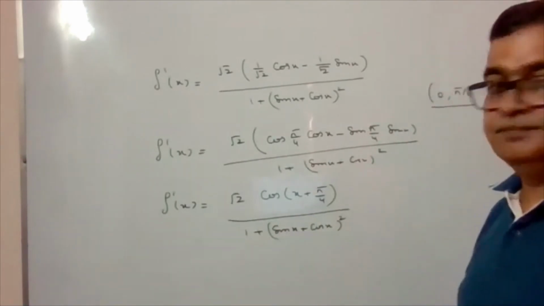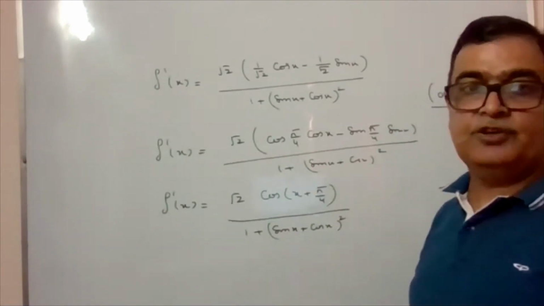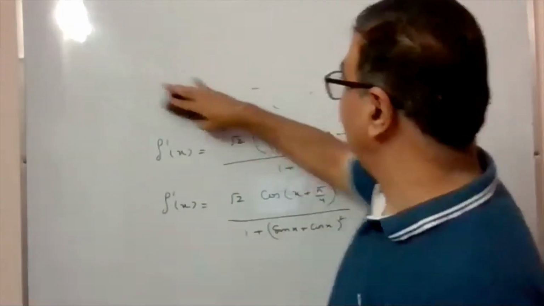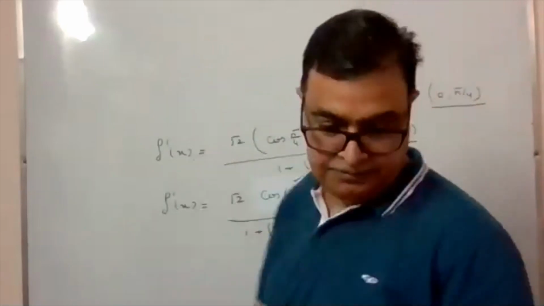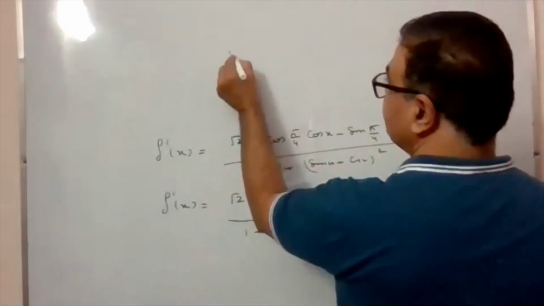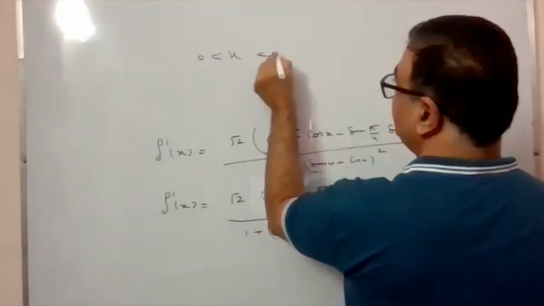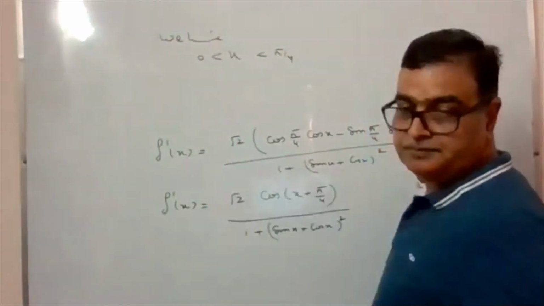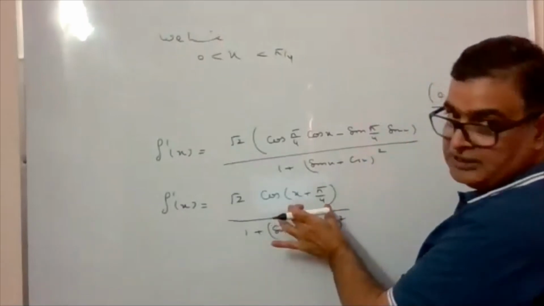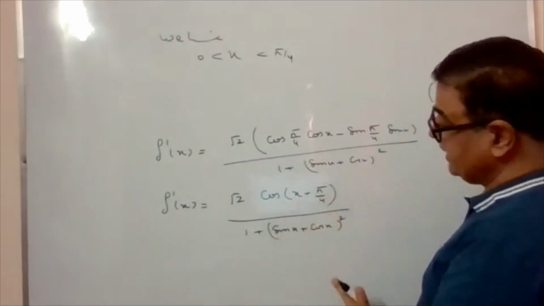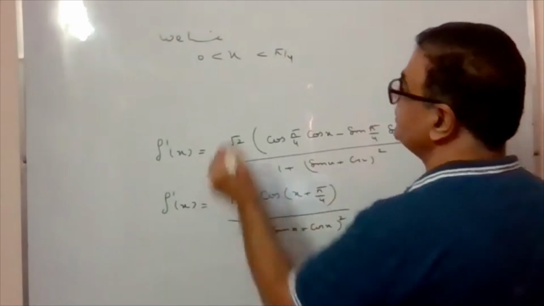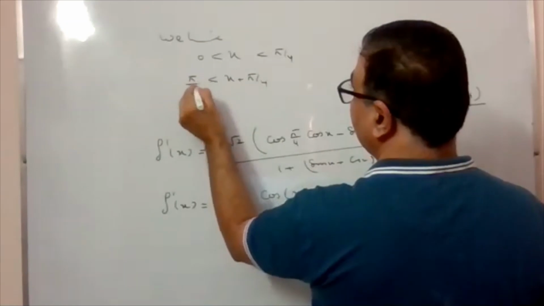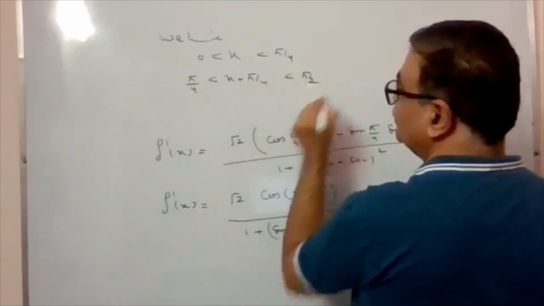Yes or no? After getting this result, we are concerned with the interval 0 to pi by 4 given. X is given between 0 to pi by 4. It is given in the question. We have this condition. We are concerned with x plus pi by 4 because this is the only deciding factor. The denominator will always be positive. So when you go for x plus pi by 4, it will come pi by 4 to pi by 2.